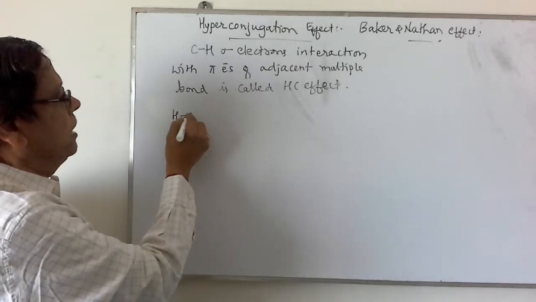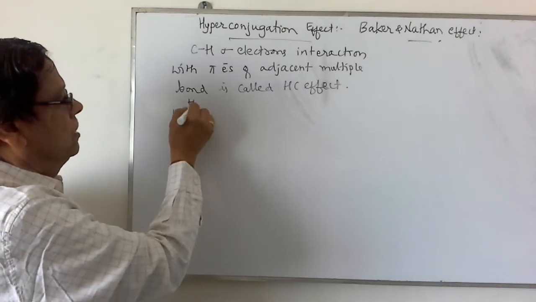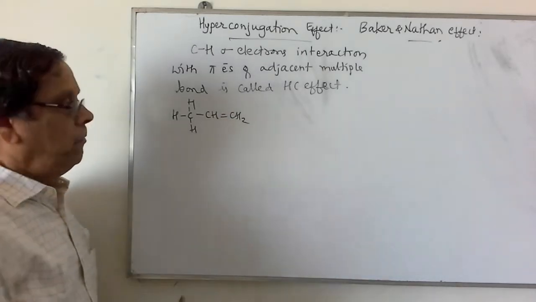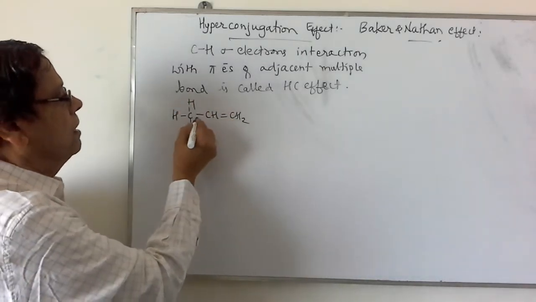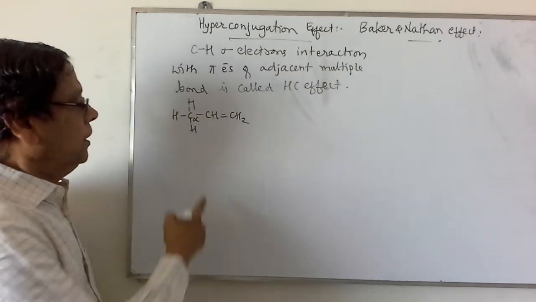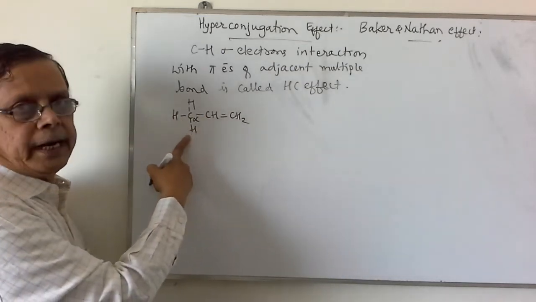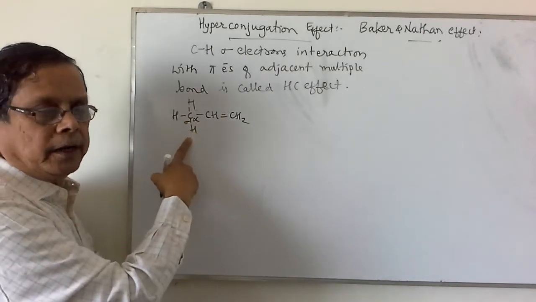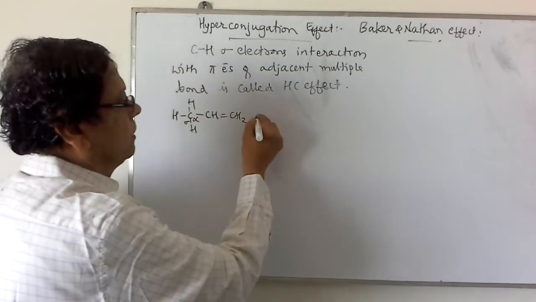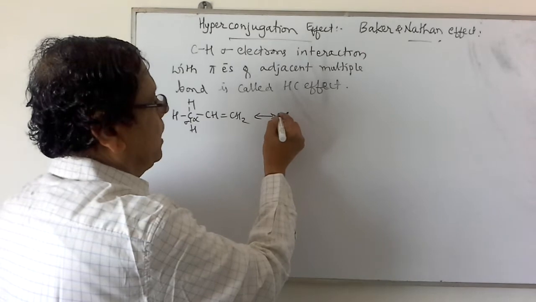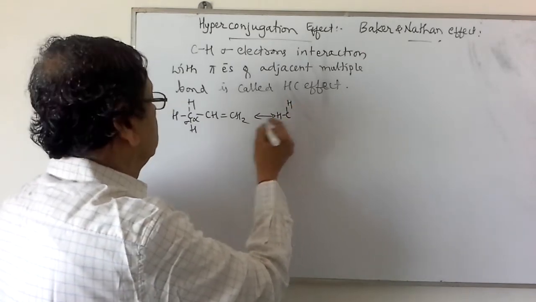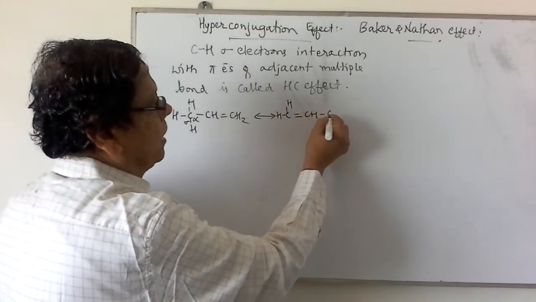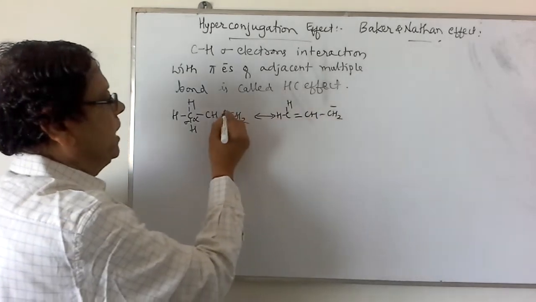Suppose I have CH3-CH=CH2. This is propene. This carbon atom is called the alpha carbon atom. If the sigma electrons of a carbon-hydrogen sigma bond of one hydrogen atom of the alpha carbon interact with this pi electron, then the sigma electron shifts to this position, giving H-CH=CH-CH2, and this CH2 will carry a negative charge.